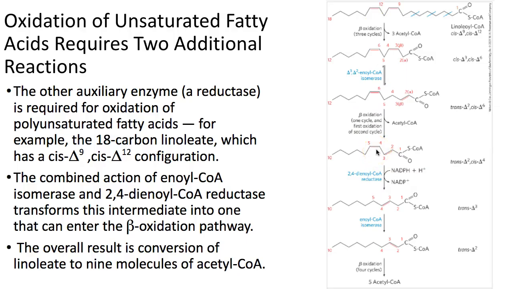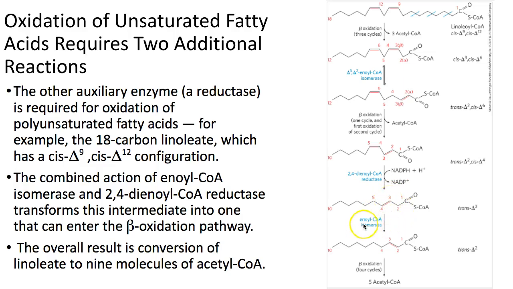And so now it needs a different enzyme to help fix this issue, where you use a reductase type of enzyme to reduce the double bond and now have only one double bond that is produced, in a trans position, but it's not at the alpha and beta carbon.